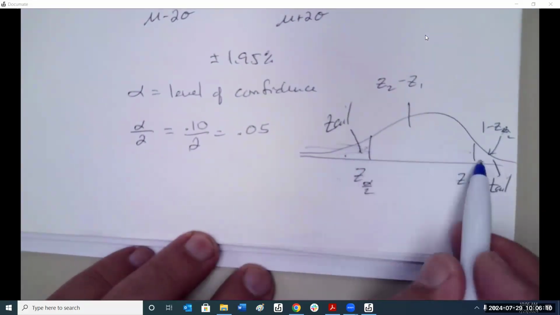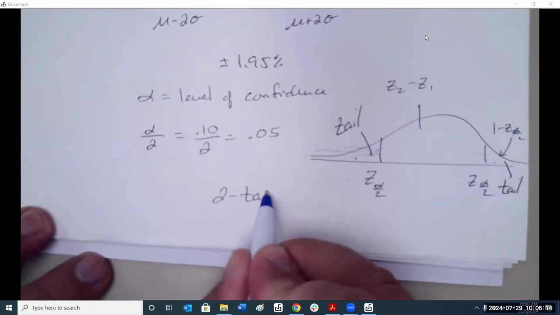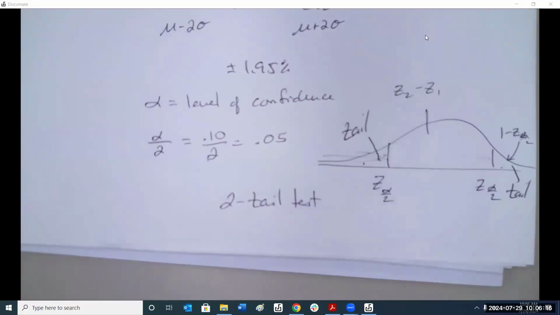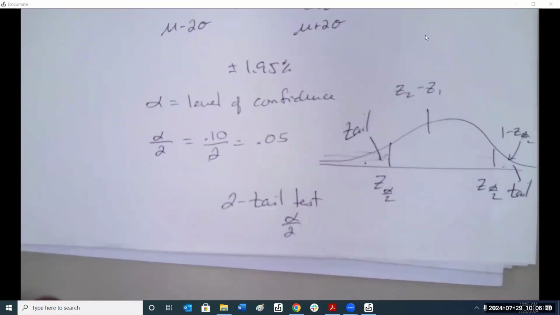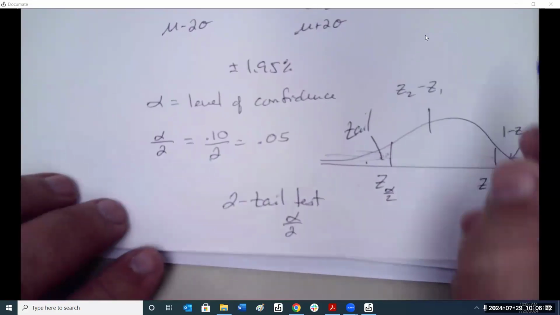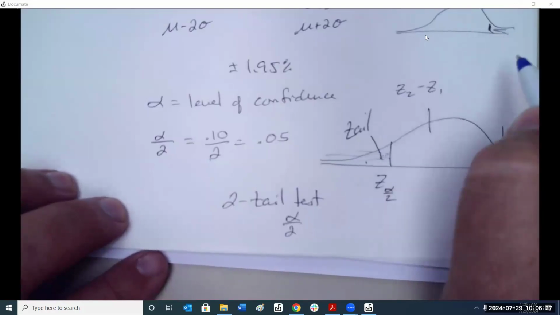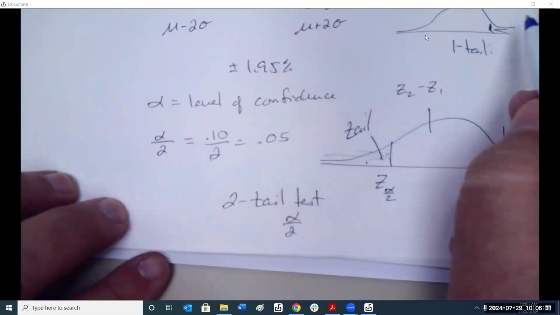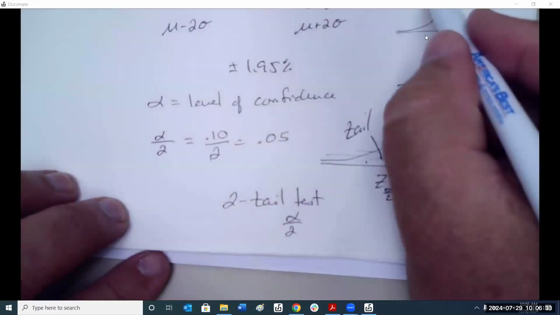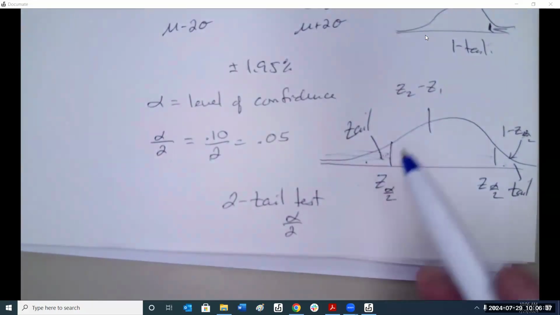So when you have an experiment like this, it is a two-tailed test, which is why we have to take our alpha and divide by 2. If we only have a one-tailed test, we only want either to the right or to the left. Those are called one-tailed tests.